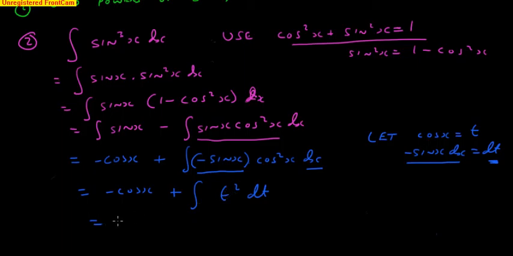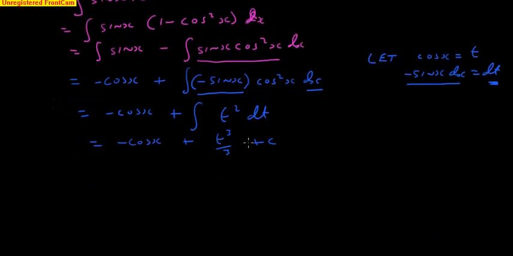We get negative cos x plus the integral of t squared is t cubed over 3 plus a constant. And at the end here we can just put our trig back in. t is cos x, so what we've got here is plus cos cubed x over 3 plus that constant.